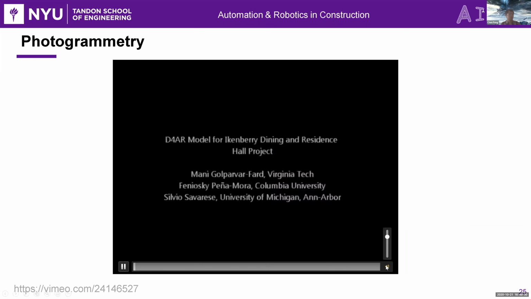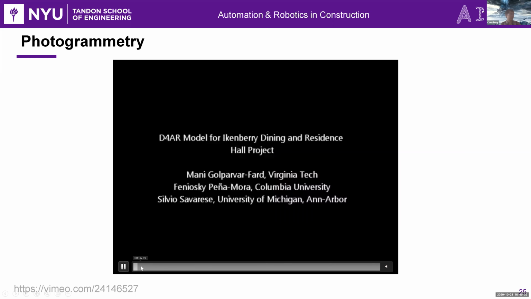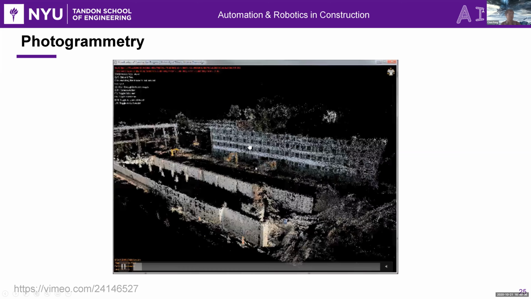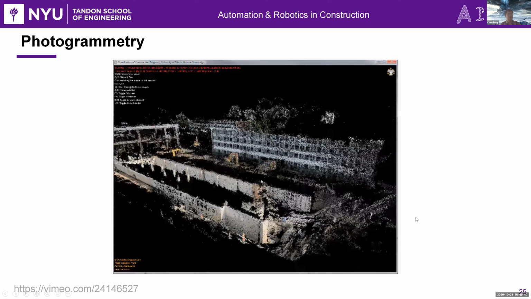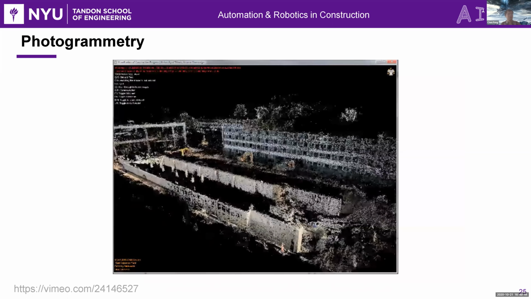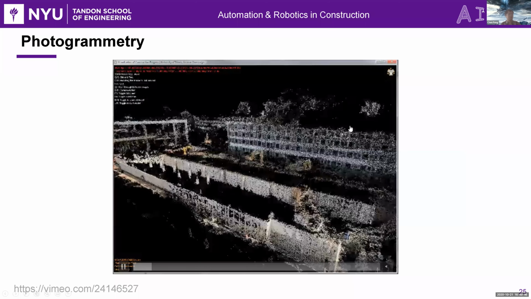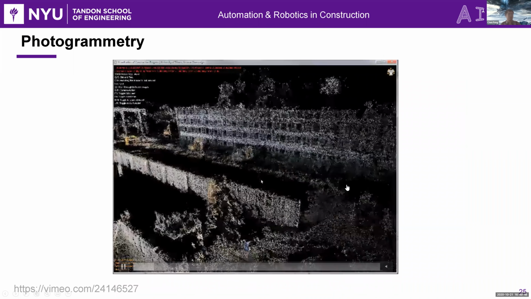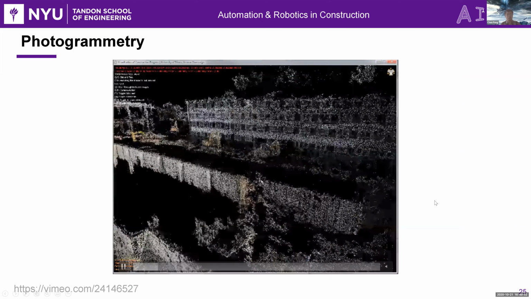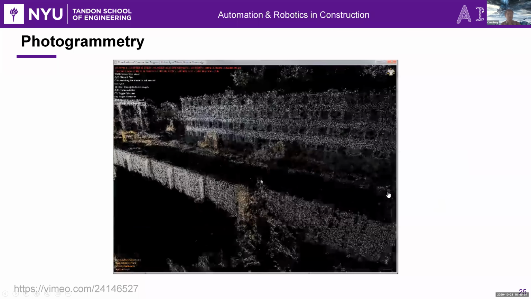Another one is photogrammetry, which was done by a famous researcher in our field at UIUC. So basically, LiDAR is an expensive sensor. Before investing in LiDAR, images are another option. You can use multiple images on the job site to create a 3D point cloud of the job site using a technology called structure from motion, or SLAM.